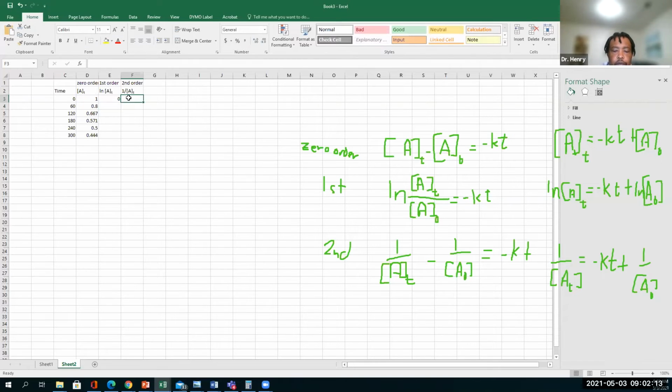And then this one is going to be equals 1 divided by A. Okay, so I'm going to highlight both of these and then just drag them down. And that's going to give me my values. And then I'm going to graph these.